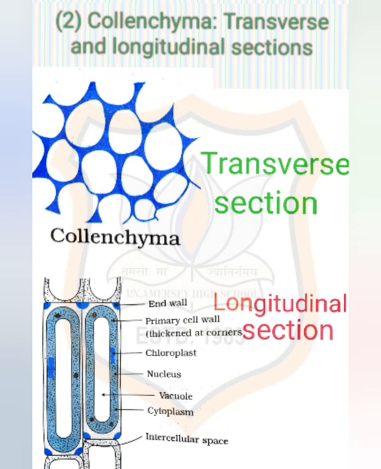So here there is very little intercellular space between them as shown in the figure, and it is located in leaf stalks below the epidermis in the plant. And functions of collenchyma: very first function, providing flexibility to the plant and cells; second, helping in easy bending; and the third one, provides mechanical support to the plant. So this is the second part.